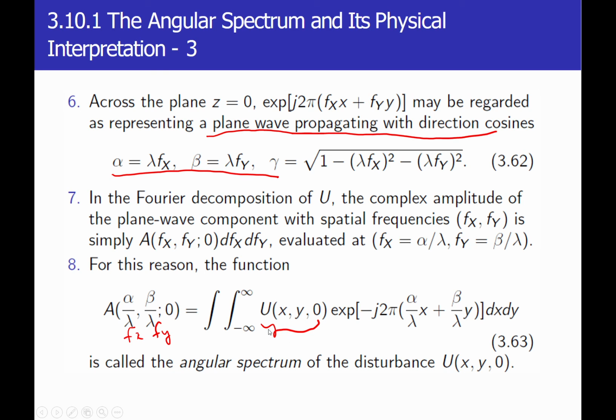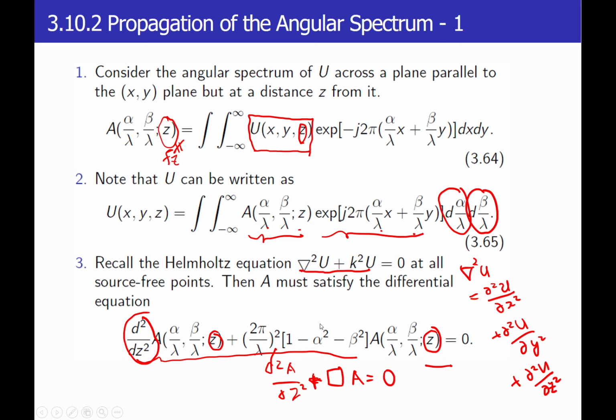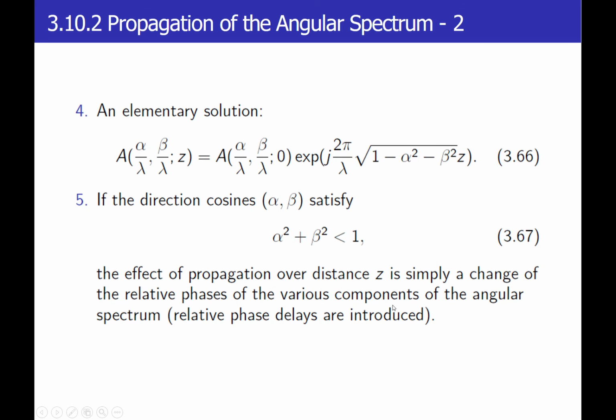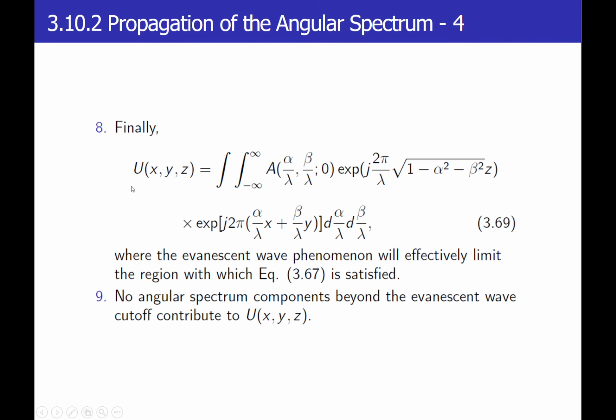Depending on the initial scalar field at z equal to 0, we can find this one. Or, by noting that the z dependence is given by this one, we have this factor. This is our solution.